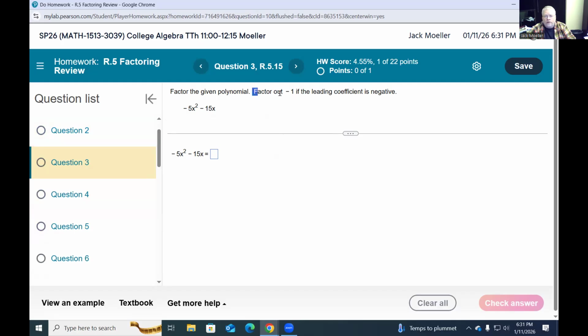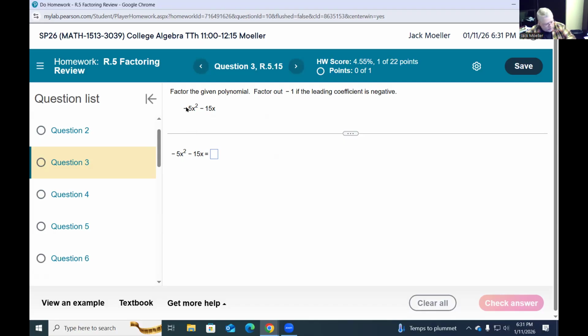Notice how it says factor out a -1 if the leading coefficient is negative. So they're telling you in the problem that if the leading coefficient is negative, to factor out a -1, which it's not just a -1, like whatever the GCF, it should be negative. But when we're factoring, and we got like that inside the parentheses, we don't want this leading coefficient to be negative.